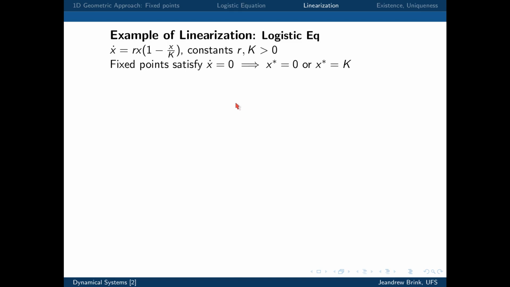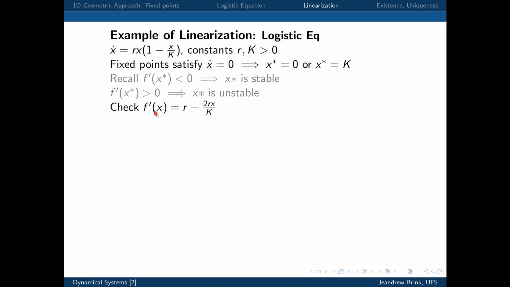What we now want to do is examine the stability. Remember that I've just said that if f prime of x star is negative, then x star is stable, and if it is greater than 0, then x star is unstable. Let's see what we can get from this test for this logistic equation.